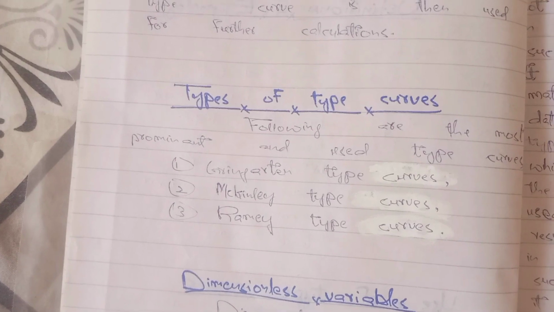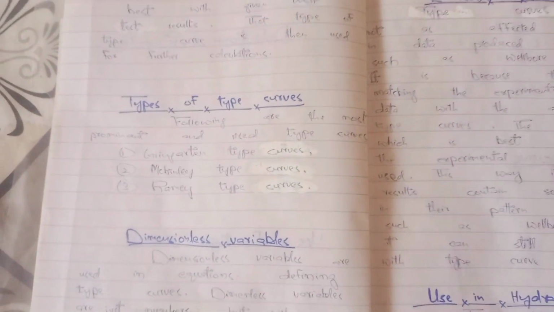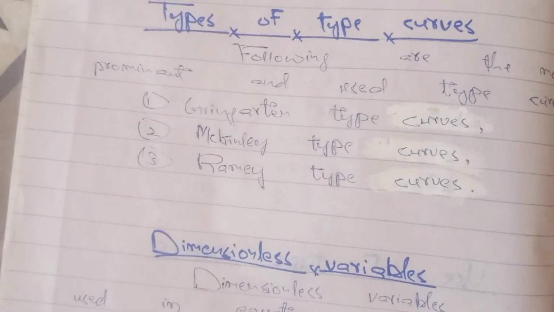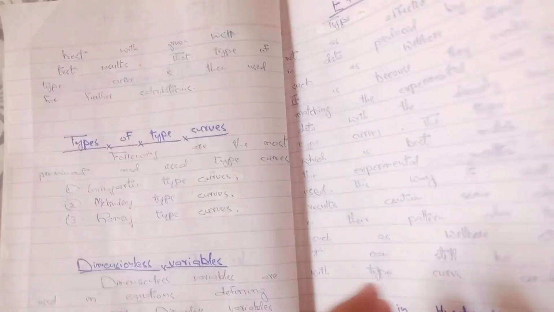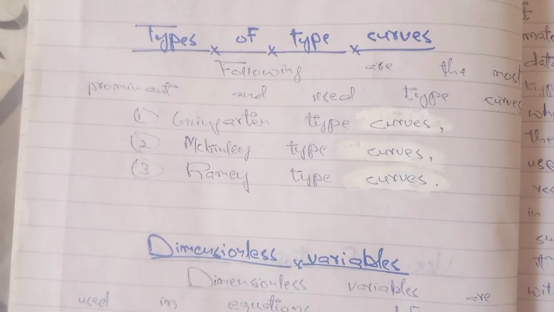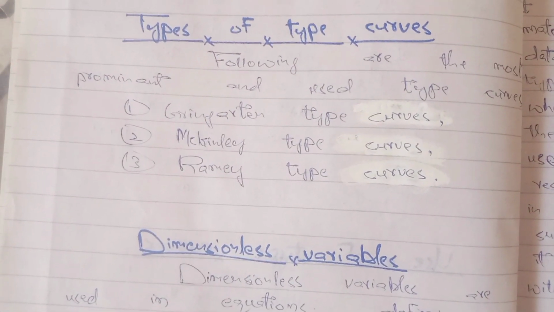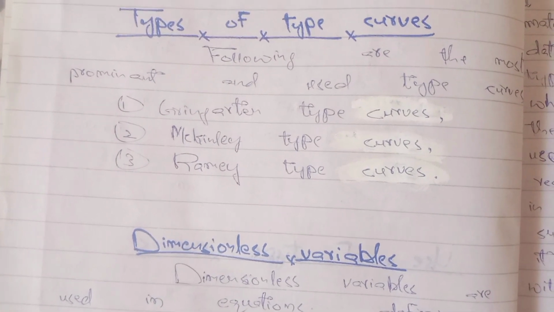And there were two people involved in making these type curves. These were actually he and his co-worker Agarwal. Agarwal, again, I think he was from Gujarat, India, probably, or somewhere from India. And again, Agarwal is the name of a king in that place.